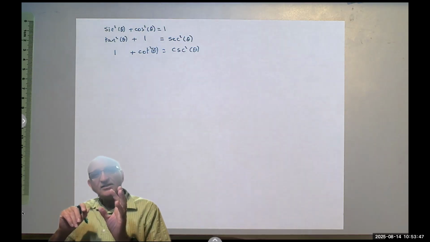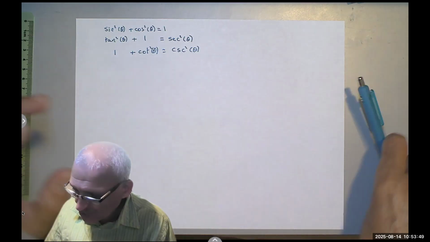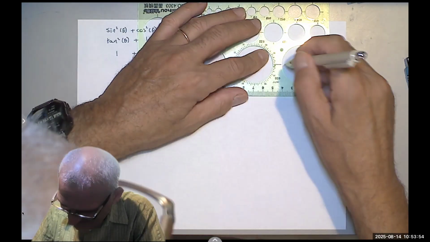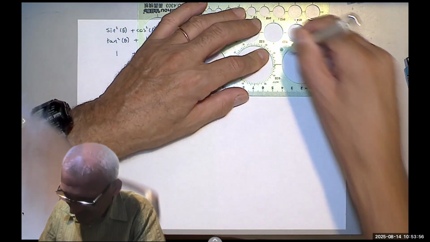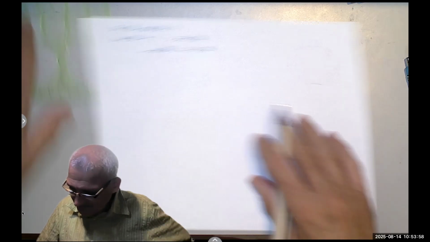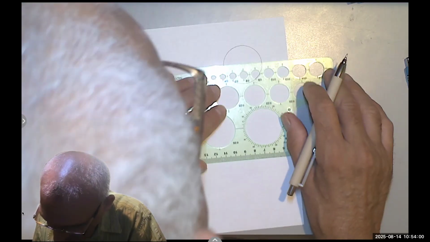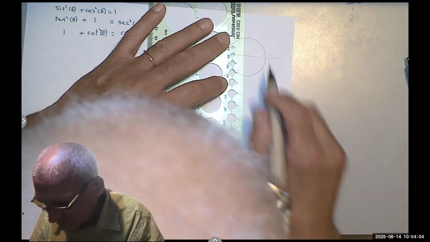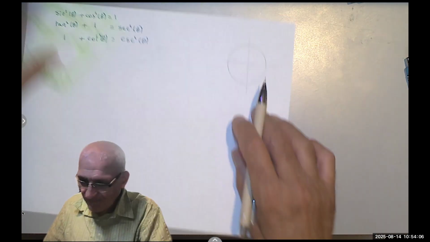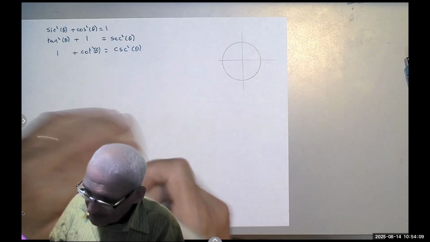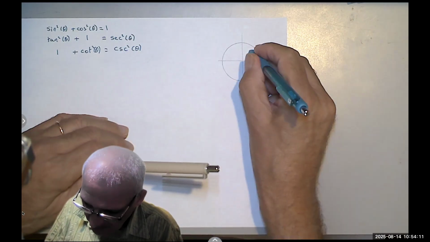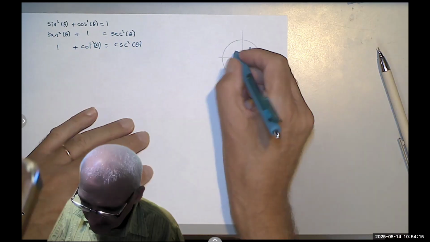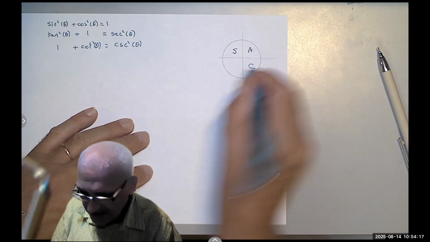The only thing we didn't do is that remember when we drew the circle. Let's do a quick one here. We said we had four quadrants. So we noticed that cosine was positive here, only the sine here and only the cosine here.